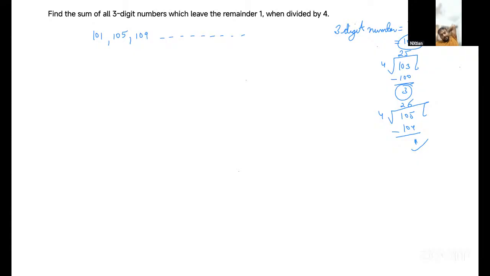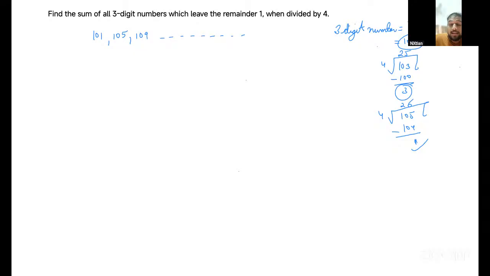Sure. You got it, beta? I didn't get this question. So what's the question saying, Joshua? The sum of all three-digit numbers which leave a remainder 1 when divided by 4. So first of all, the first three-digit number is 100, and we divided and found that 100 is fully divisible.